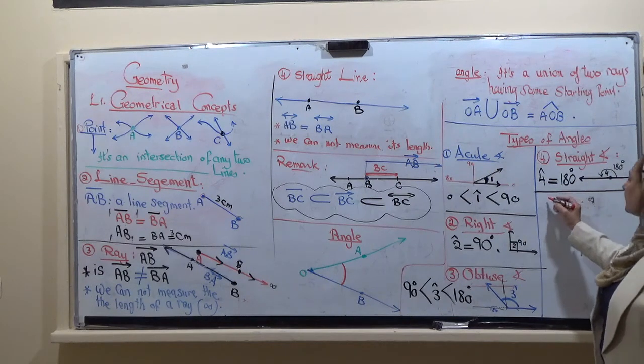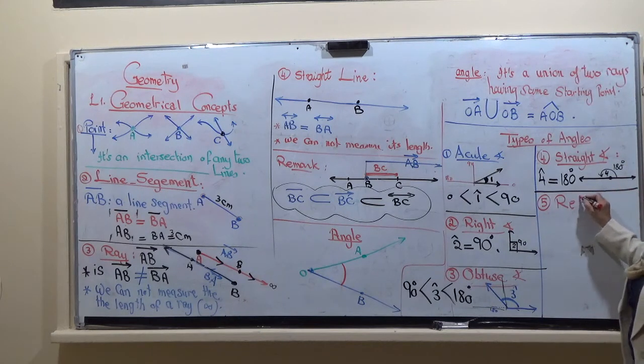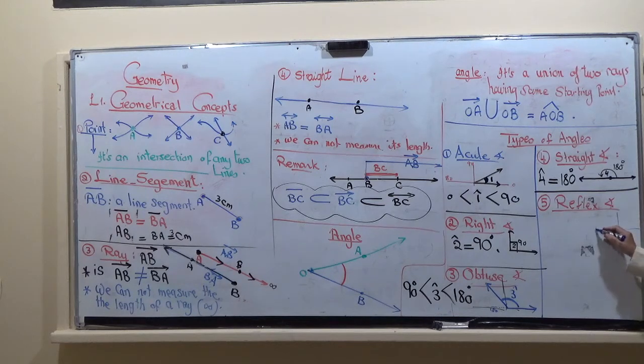Now, number 5 is the last type. It's the reflex angle, and this is very important. What does reflex mean? If you draw, for example, here is 180, here 90, 0, and this is also 360. If the initial side is here and you rotate past 90, 180, it's greater than 180 and less than 360.